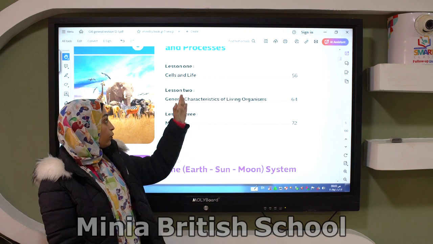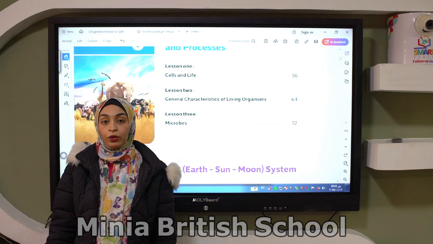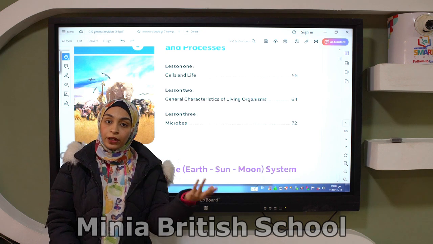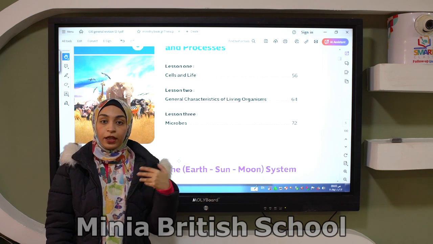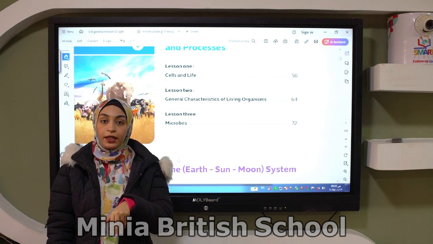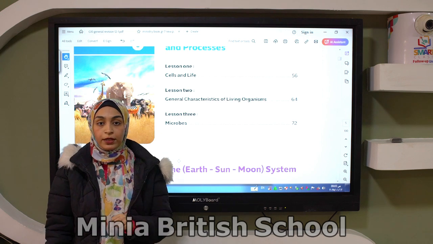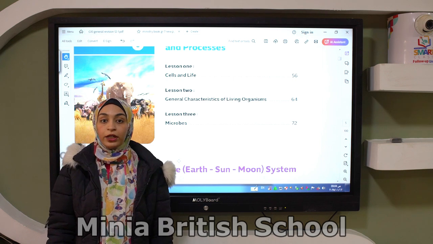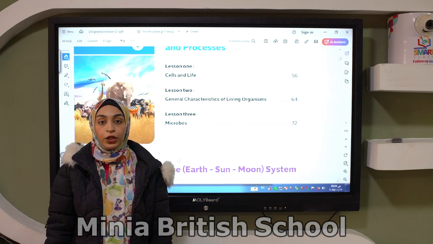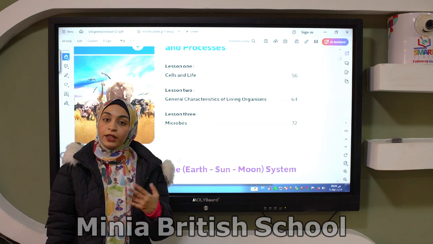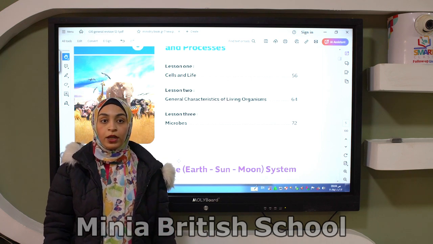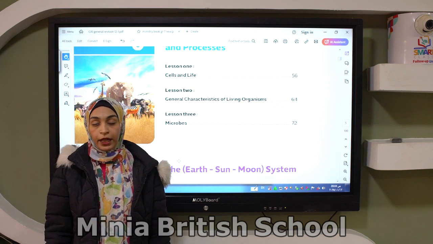But the second part of the lesson classified the living organisms according to the presence of the nucleus into prokaryotes, where the nucleus is distributed through the cytoplasm, such as the bacteria, and eukaryotes, where the nucleus is surrounded by a nuclear membrane like unicellular amoeba, euglena, paramecium, which we can call protozoa, and also multicellular like animals, humans, and plants.